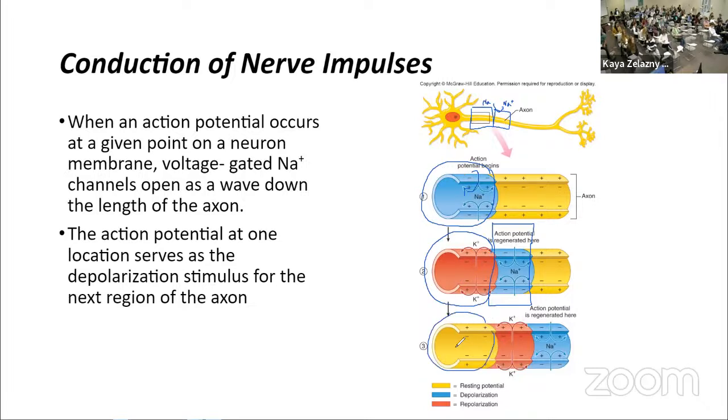So we can track what's happening to one patch through time, and see what's happening in the neighboring patch as well in this diagram. We have an action potential now here in this second patch, overlapping with that same time point where our first patch is coming back down to rest. So we're just going one by one, kind of shooting off down the axon. The stimulus for the action potential in one of these central portions of membrane would just be an action potential happening at its neighboring little section.